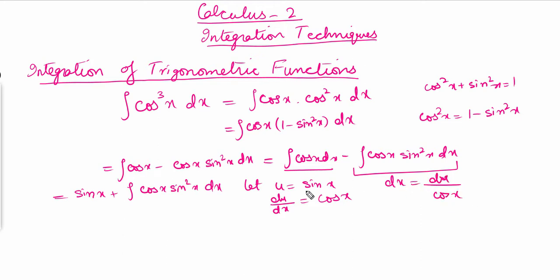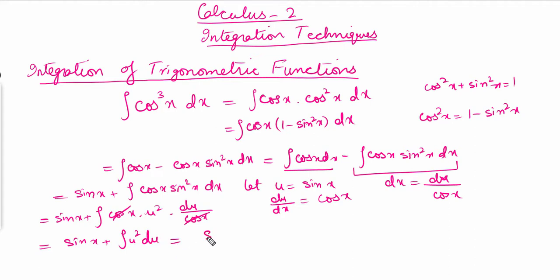Now I'll substitute it over here, and I will get sine x plus the integration of cos x times u square times, in place of dx, du over cos x. So this cos x will get cancelled, and I will have sine x plus the integration of u square du, which will be equal to sine x plus u cube over 3 plus constant.